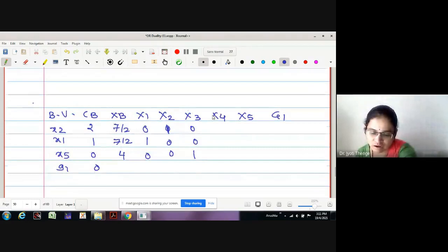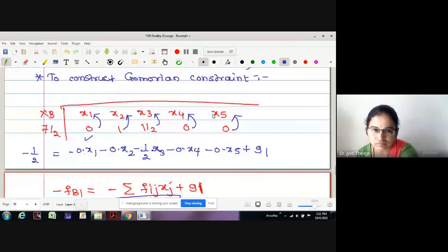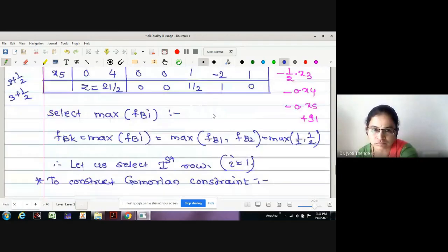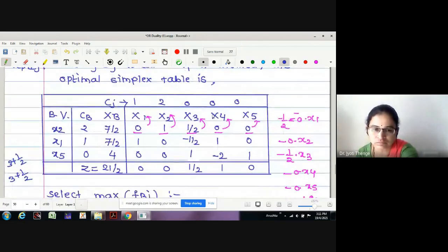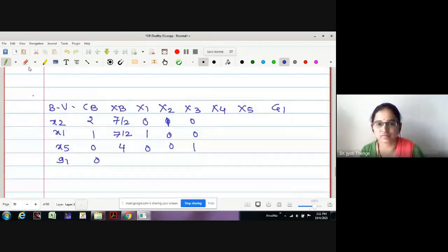X3 is half, minus half, and 1. X4 is 0, 1, minus 2. X5 is 0, 0, 1.